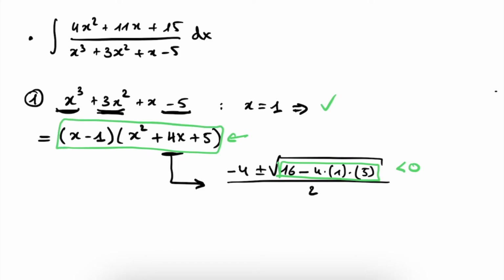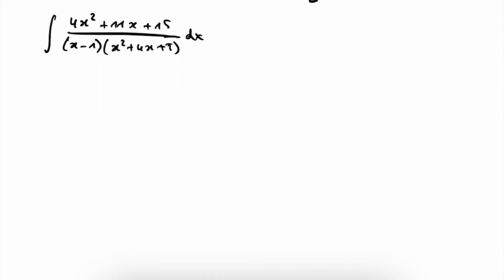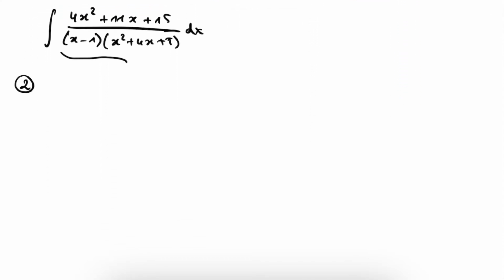So to now rewrite our integral, we get (4x² + 11x + 15)/((x − 1)(x² + 4x + 5)) dx. Which brings us to the second step, which is to rewrite our original fraction, which is a fraction with a product of two polynomials in the denominator, as the sum of two fractions.